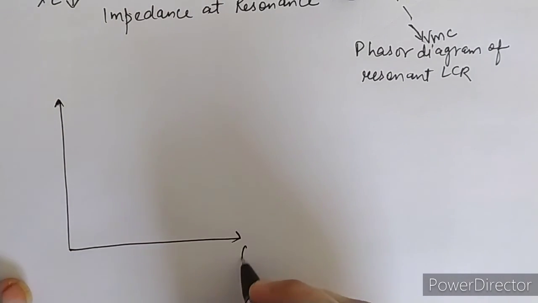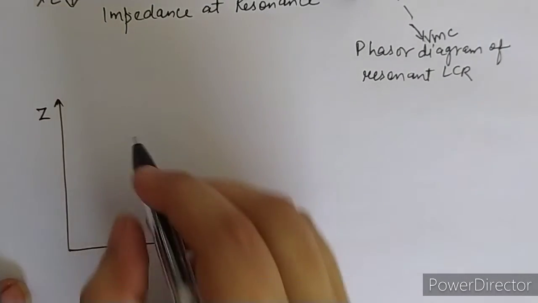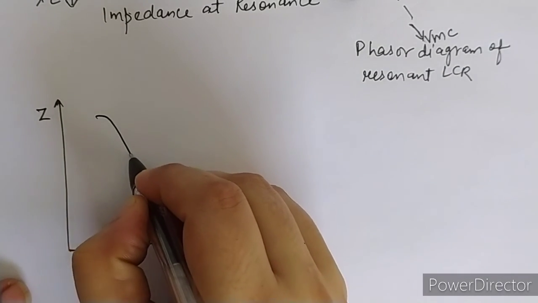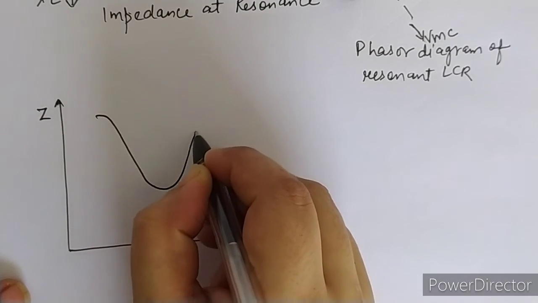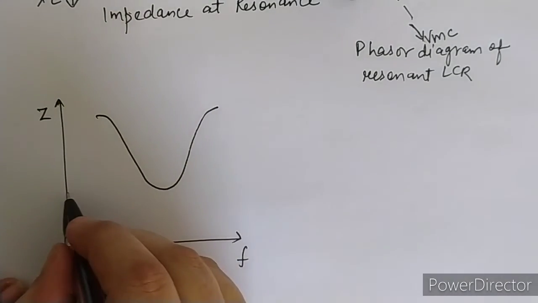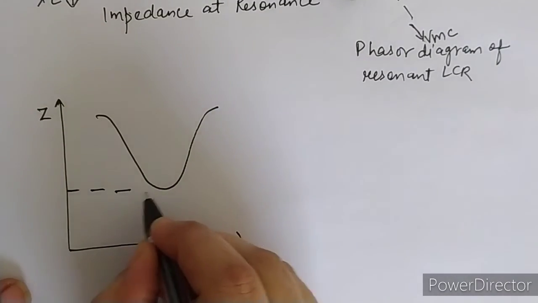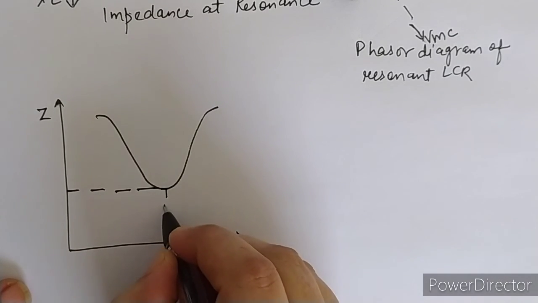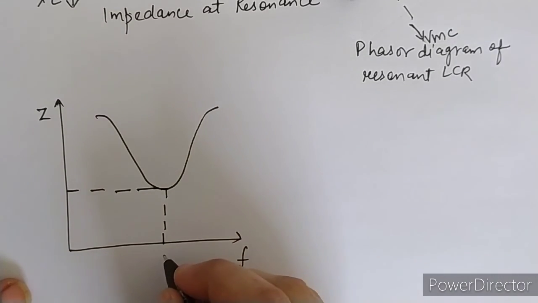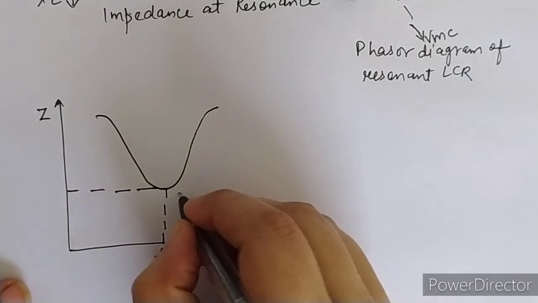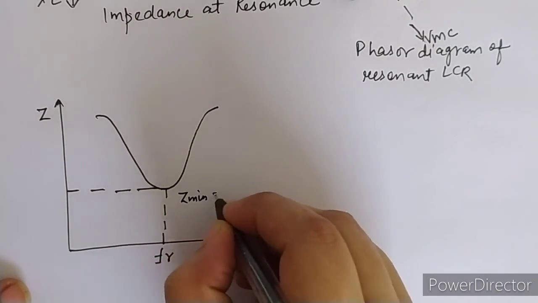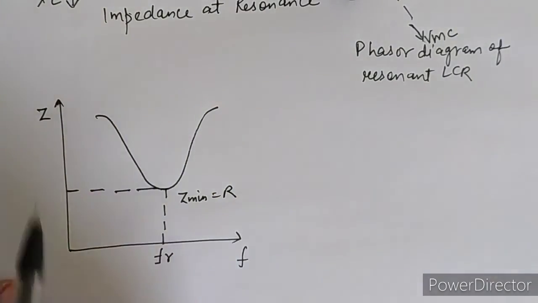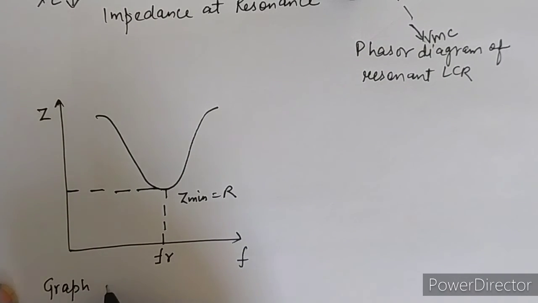Between the frequency and the impedance I am plotting the graph. The graph will be like this. At resonance frequency, Z minimum is equal to R. This is a graph between impedance and frequency.